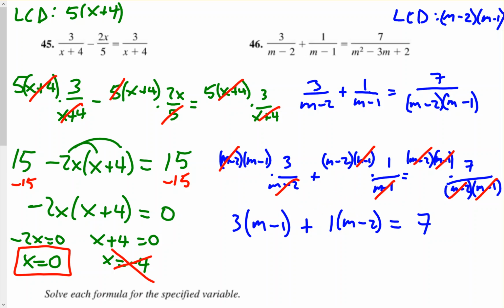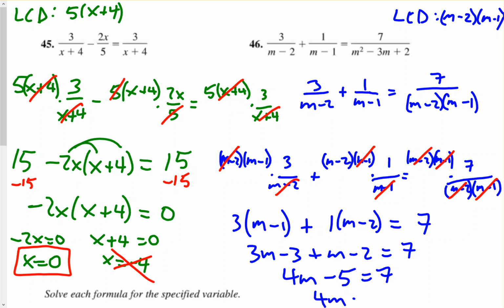Okay, distribute the 3, distribute the 1. So 3m minus 3 plus m minus 2 equals 7. Combine like terms. 3m plus m is 4m. -3 and a -2 is -5. Add the 5 to both sides, so we have 4m equals 12.